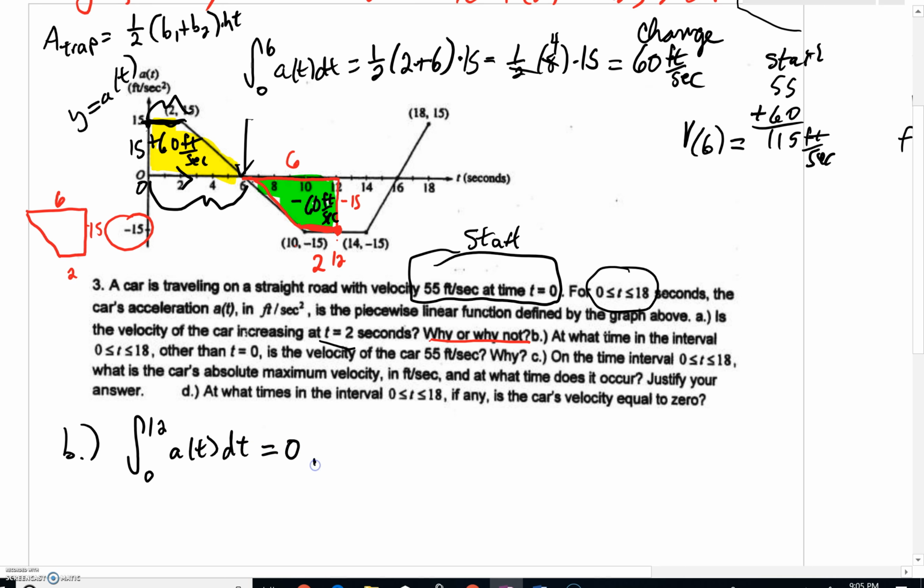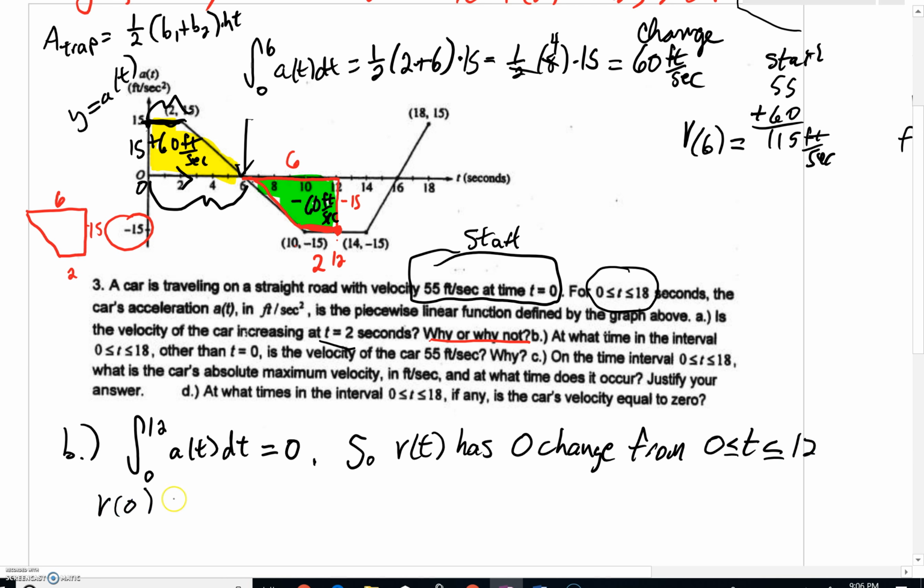So what that's representing is the change in velocity. We could say v of t has 0 change from that time interval from 0 to 12.